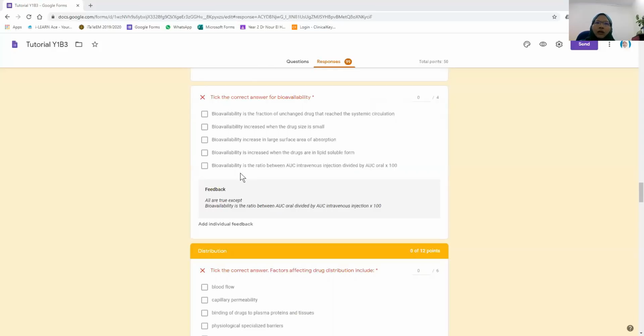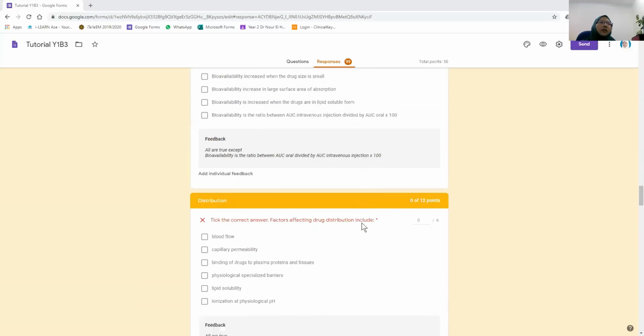Because the 100% is the intravenous. So that's why we calculate the bioavailability of the oral versus the intravenous, because the intravenous is the 100%. The bioavailability of an intravenous drug is 100% because it enters the systemic circulation directly.